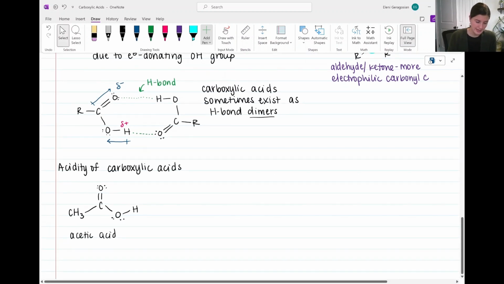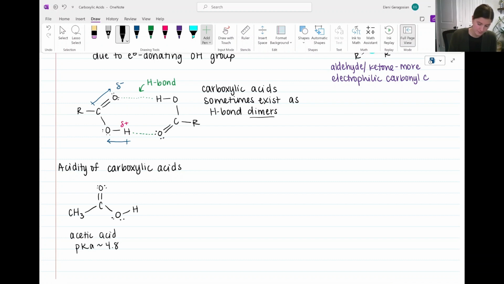If you look at the pKa table, the acetic acid pKa is about 4.8. So not a super low pKa, but definitely an acid, definitely acidic pKa. So if we had a base present, like hydroxide, and it removes the acidic proton from a carboxylic acid molecule, in this case acetic acid, we can show what this conjugate base looks like.